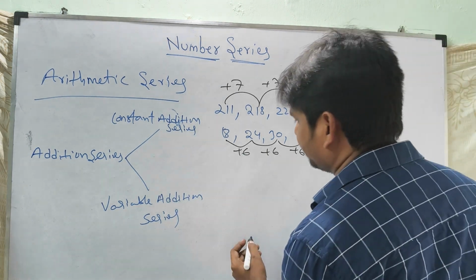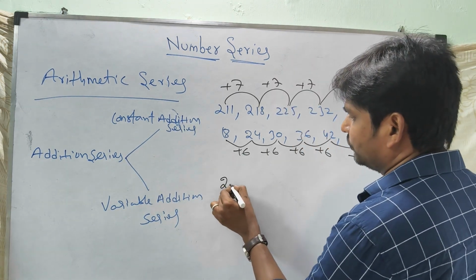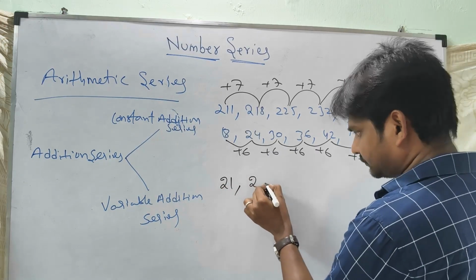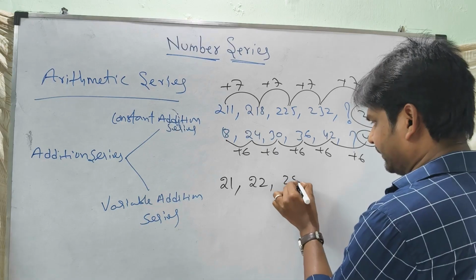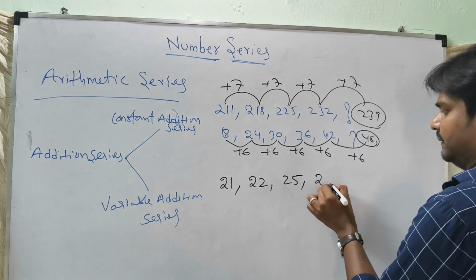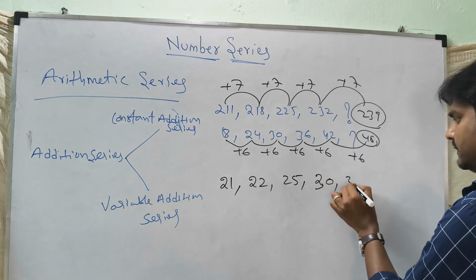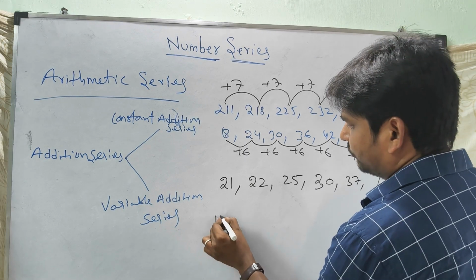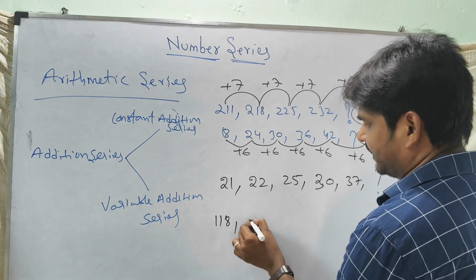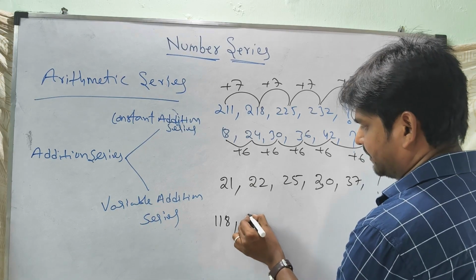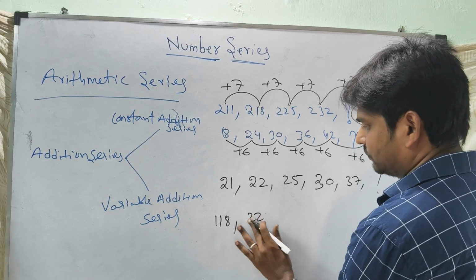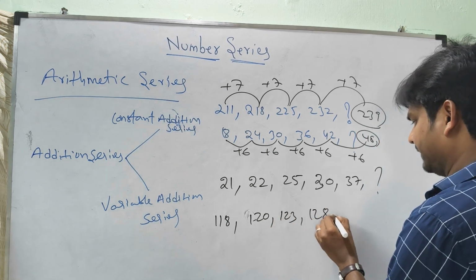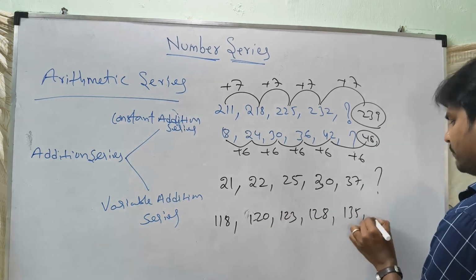See here, I am giving an example. Now 21, 22, 25, now 30, then after 37, what next? One more example, see here: 118, next adding by 2, 120, next 123, 128, next 135, what next?